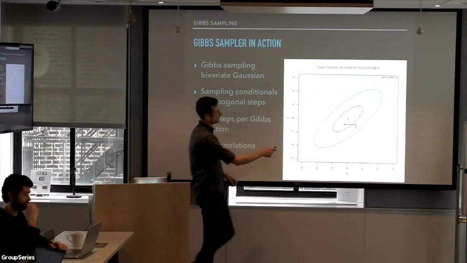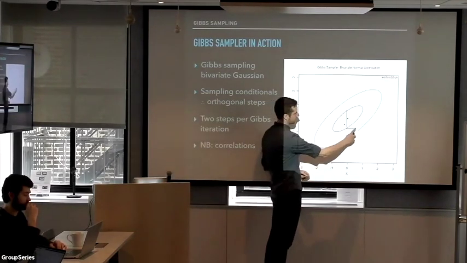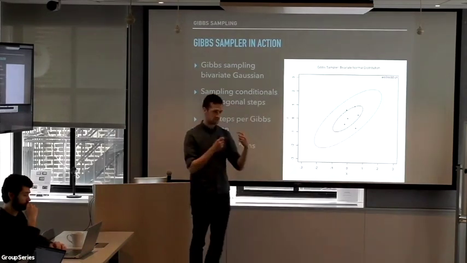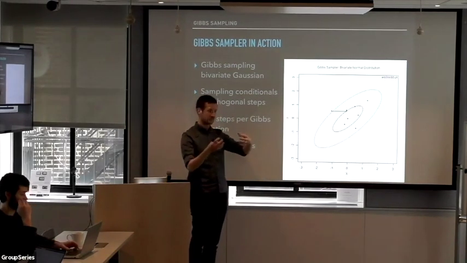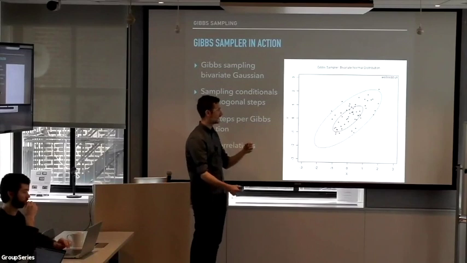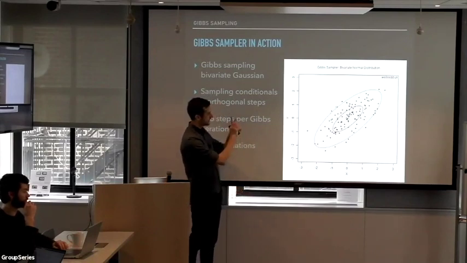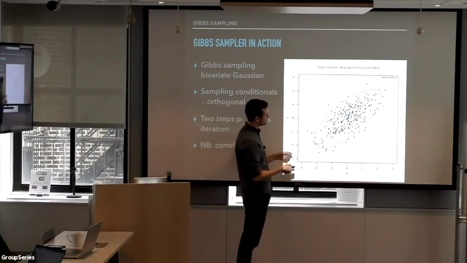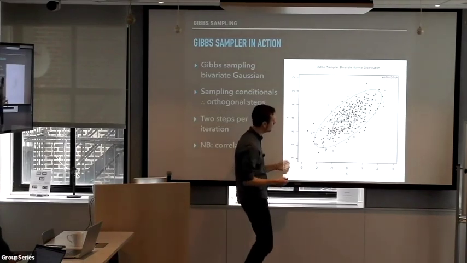But you can see each iteration of the sampler involves two steps, okay? And those are conditional. So in each case, everything else in your network is fixed, and you're just changing one parameter at a time. And so each iteration, once it goes back to the start again, basically involves a sample in.